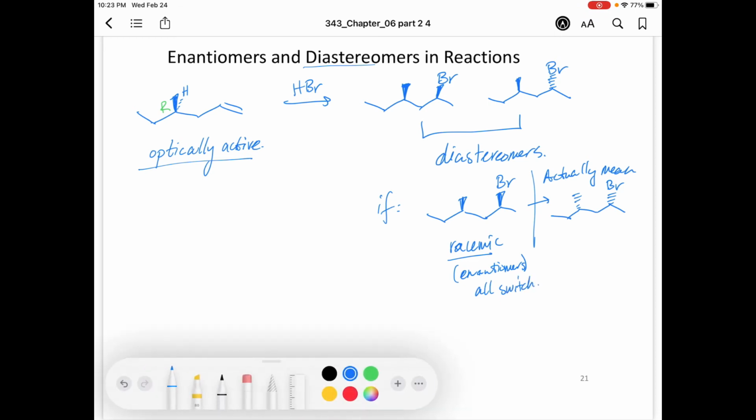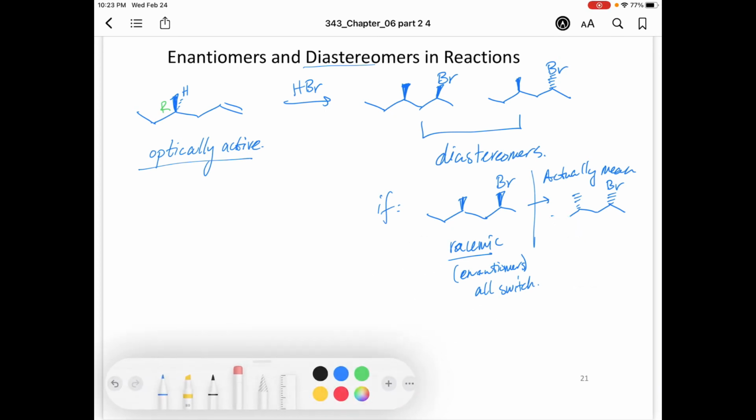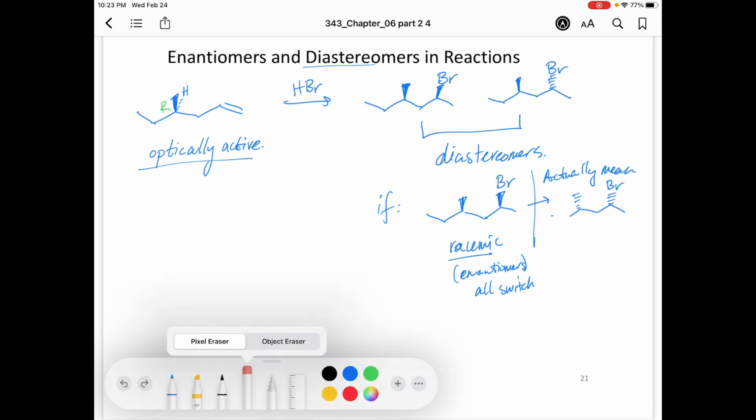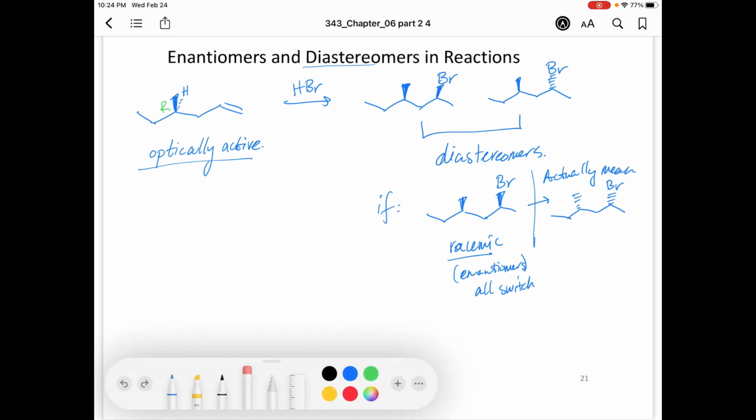So let's look at this here. If all of the centers change, that would mean that this molecule would be what is meant when you say racemic. Okay, notice here that this center on the left also switched, but we did not do any chemistry there.